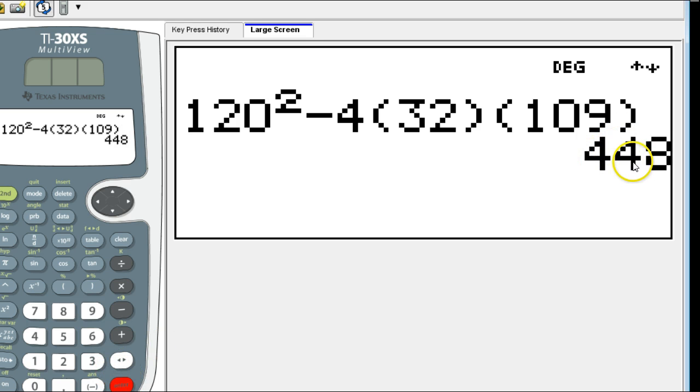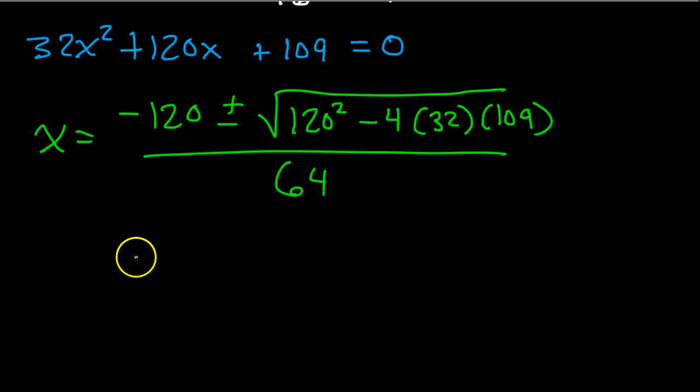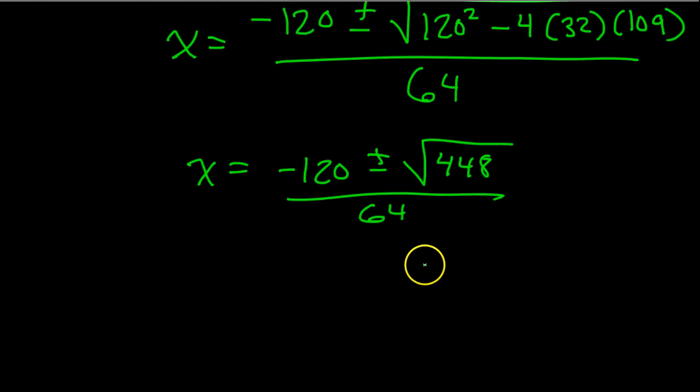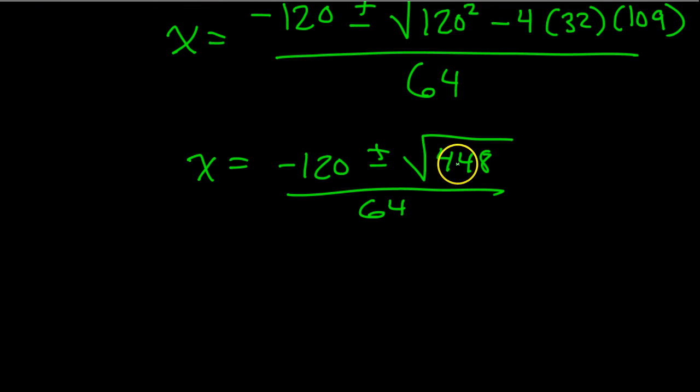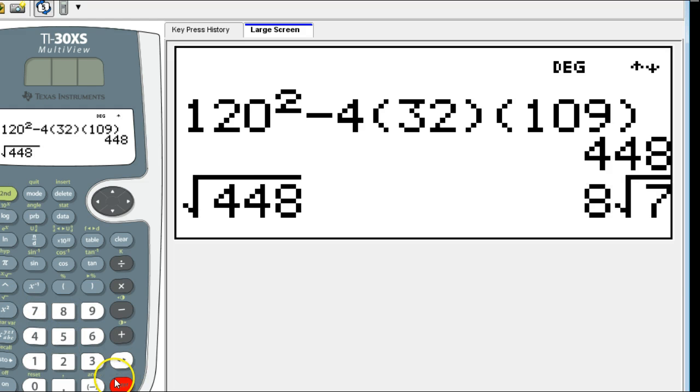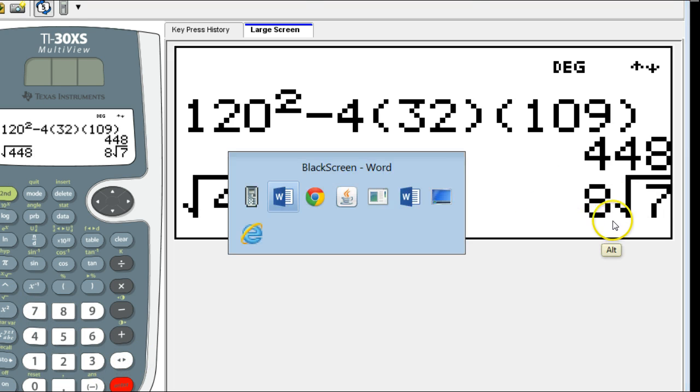Alright, so it's 448. Let's see what the square root of 448 is. Eight radical 7.